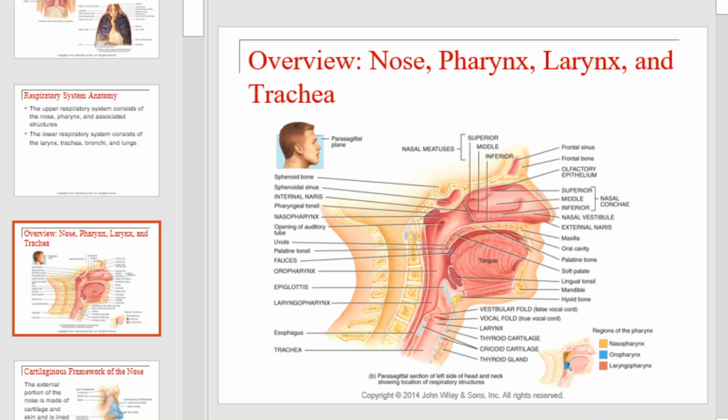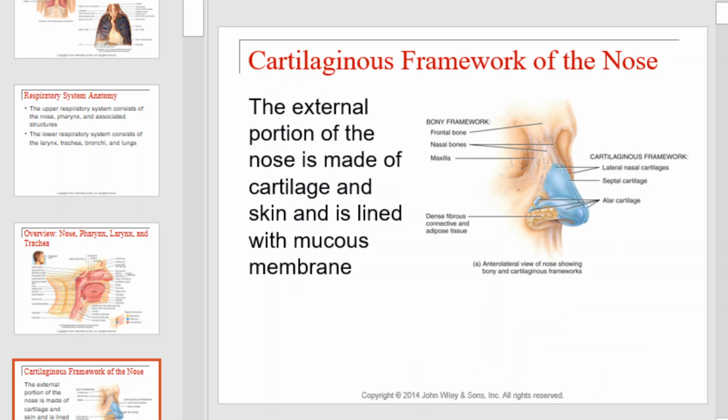Next, we'll examine the nose, pharynx, larynx, and trachea. Be sure to note the position and name of each item in this labeled diagram. The external portion of the nose is made of cartilage and skin, and it is lined with mucous membranes, as seen here.